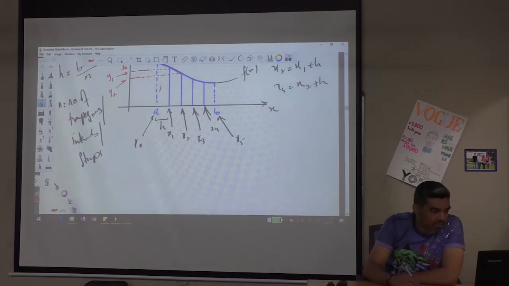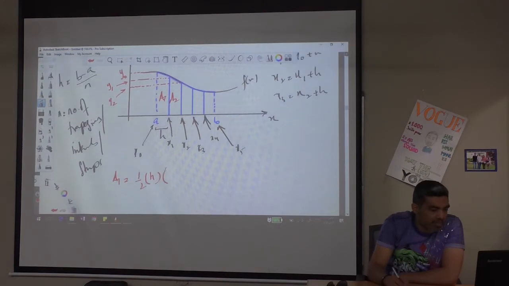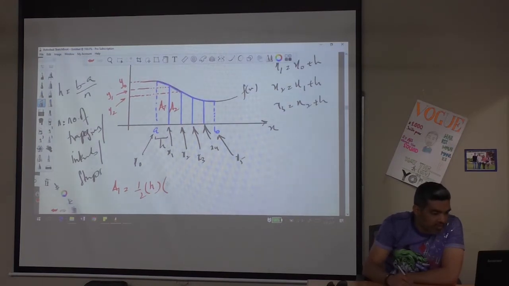So let me call this area 1, area 2, and so on. So area 1 is half into height into a plus b. That's the area of the trapezium. A plus b is the sum of the parallel sides. One parallel side is y0. The other parallel side is y1. Okay. Now this is a1.